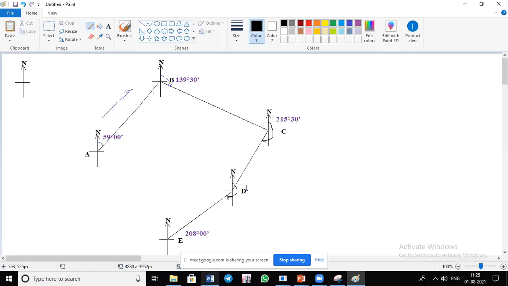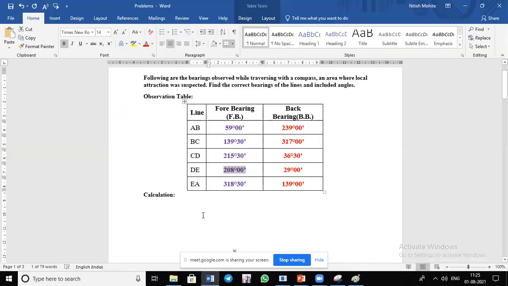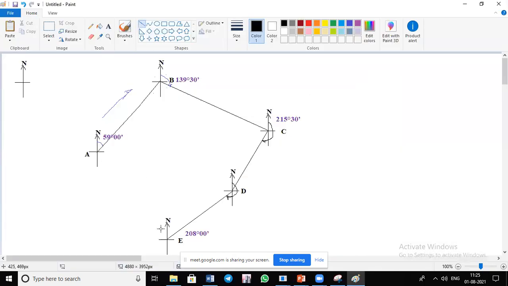The last angle is 318 degree 30 minutes. That is with respect to A, that is the forebearing. I'm going to join it from here. Ultimately, you can get an idea that this is the angle with respect to north.